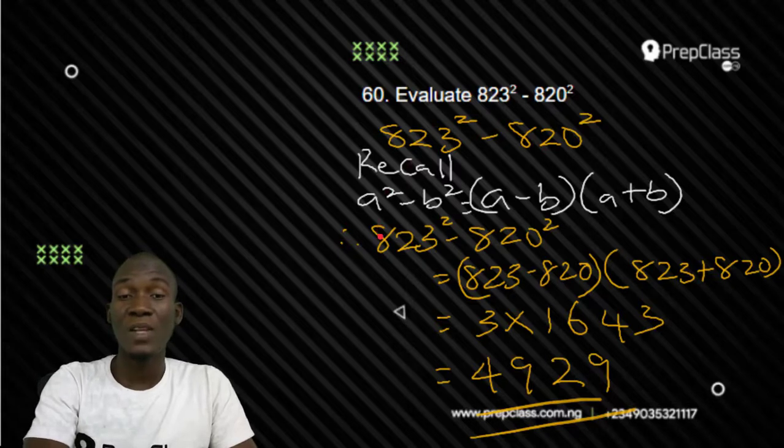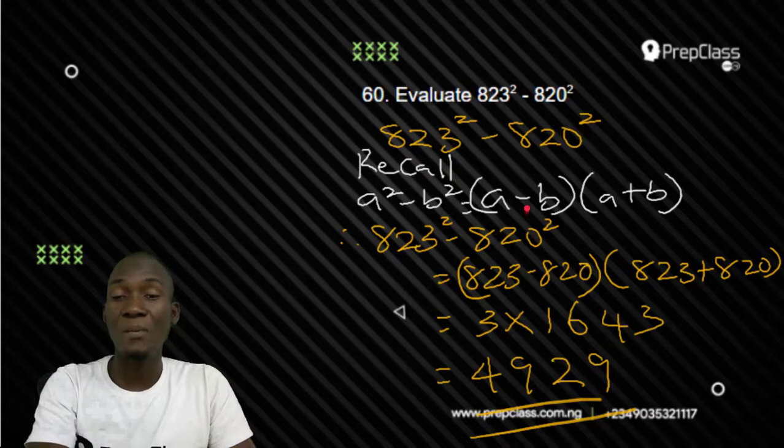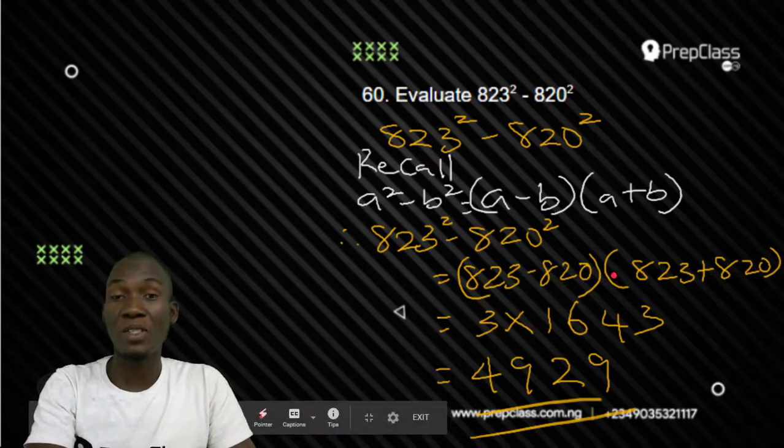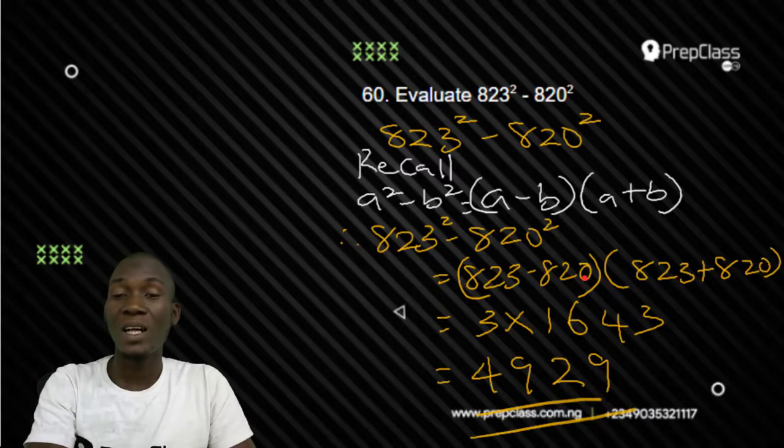So 823 squared minus 820 squared will give us 823 minus 820 in a bracket, then open bracket 823 plus 820. Now 823 minus 820 will give us 3. Multiply by, because that's what bracket means, 823 plus 820, that will give us 1643.